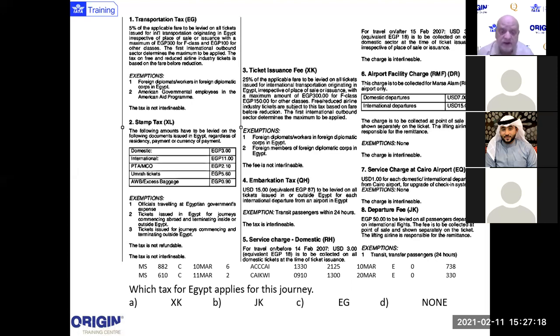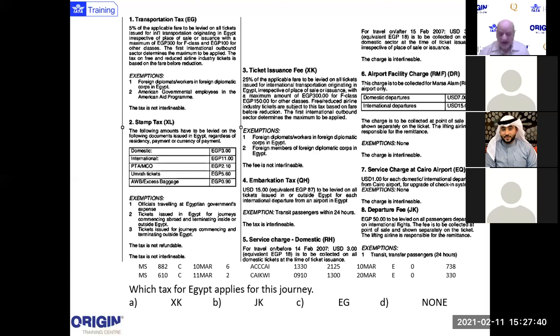Let's have a look at tax number three. Ticket issuance fee. 25% of the applicable fare to be levied on all tickets issued for international transportation originating in Egypt. I don't pay that one either. So 3 out of 3 so far, I don't pay.